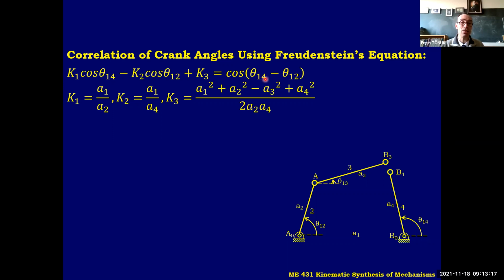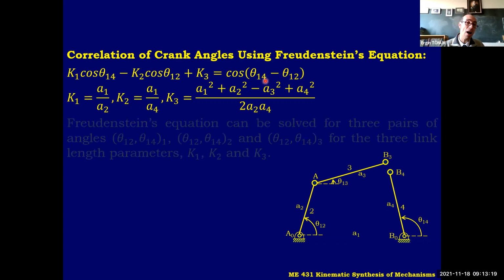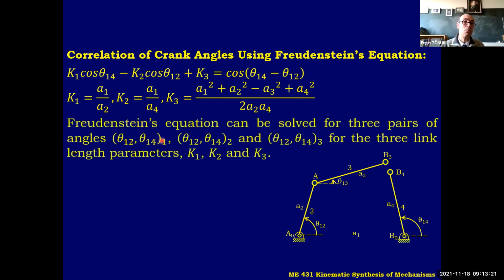Its advantage is if you have 3 pairs of crank and follower angles. Actually, we had 2 pairs and did the design graphically in the previous chapter. Now we have 3 pairs.